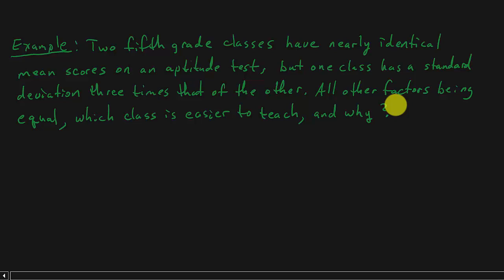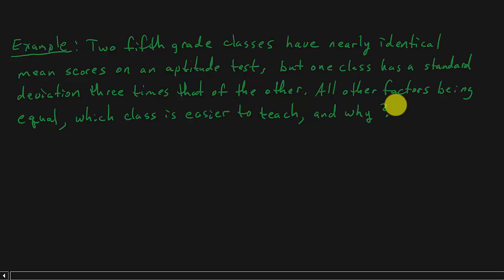It says 2 fifth grade classes have nearly identical mean scores on an aptitude test. So they've got 2 fifth grade classes. These two classes took tests, and the class average in each class was almost identical. It might have been 20 and 20.1 in the other one, but real close.